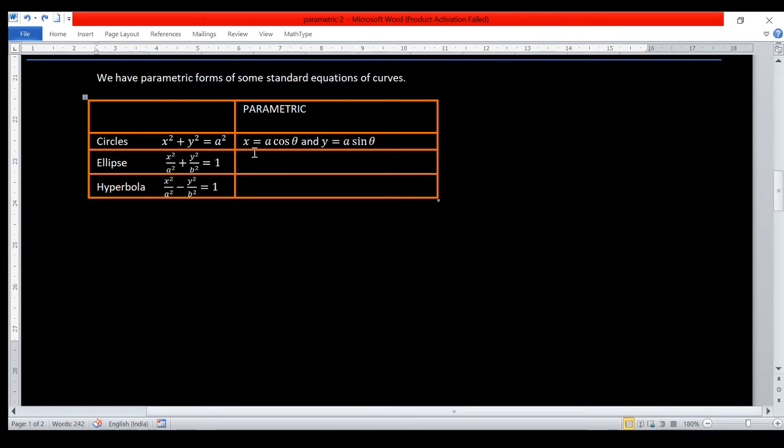Parametric: x is equal to a cos theta, y is equal to a sin theta. X is equal to a cos theta, y is equal to b sin theta. X is equal to a secant theta, y is equal to b tan theta.